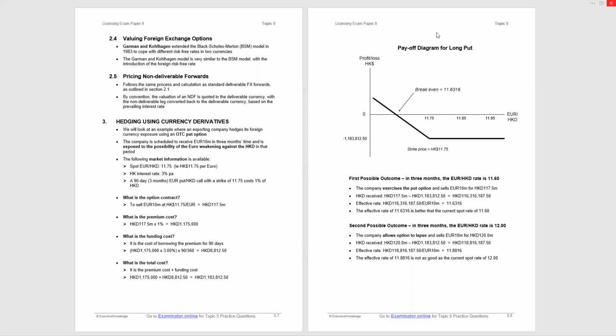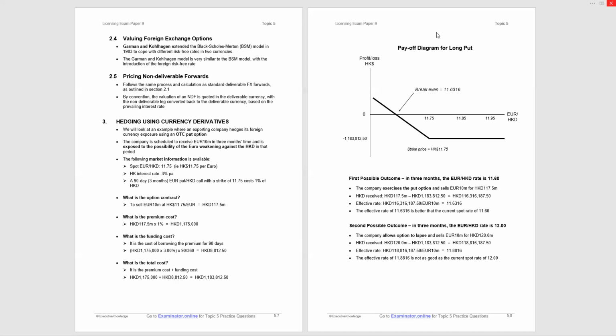So many numbers. So that gives us the effective rate of 11.6316, and that effective rate is better than the spot rate that we've just quoted of 11.6. So it has been beneficial to exercise the option.